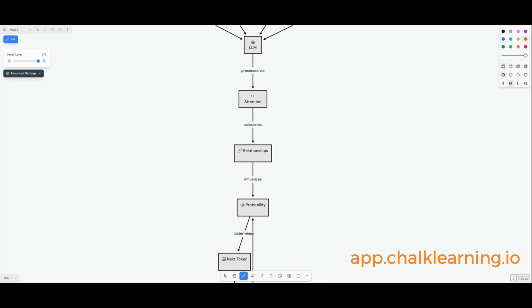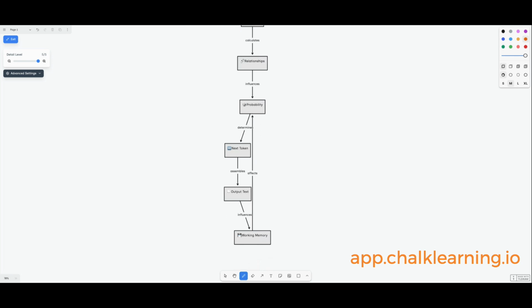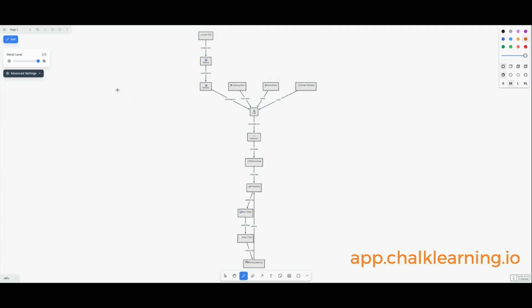So that's how the model actually weighs the words, by comparing the relationships via the dot product. So that is an LLM explained at 5 levels.